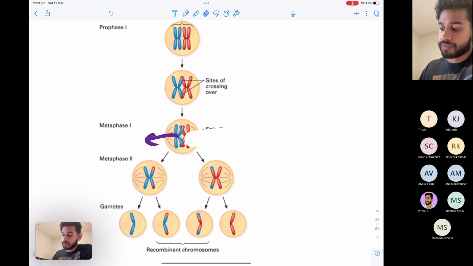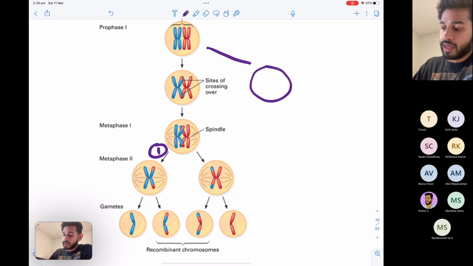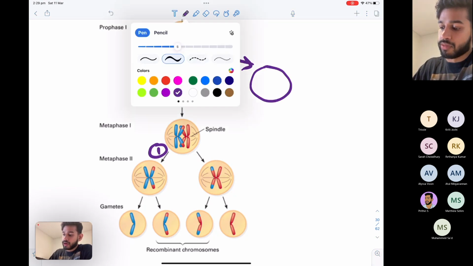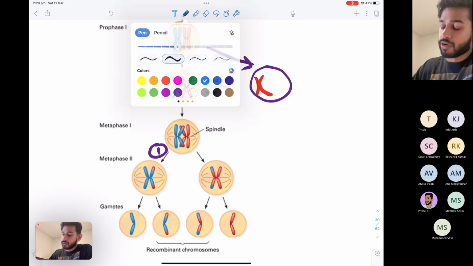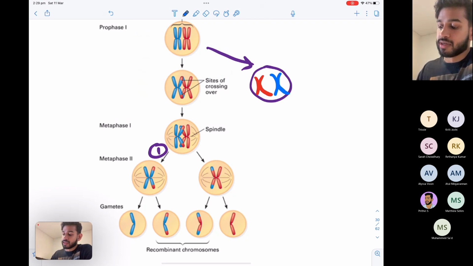You could say, well, these chromosomes can move in this combination, or it could have been that this chromosome, so they could have also done another lineup here where they show the red chromosome on the left-hand side and the blue chromosome lining up on the right-hand side.